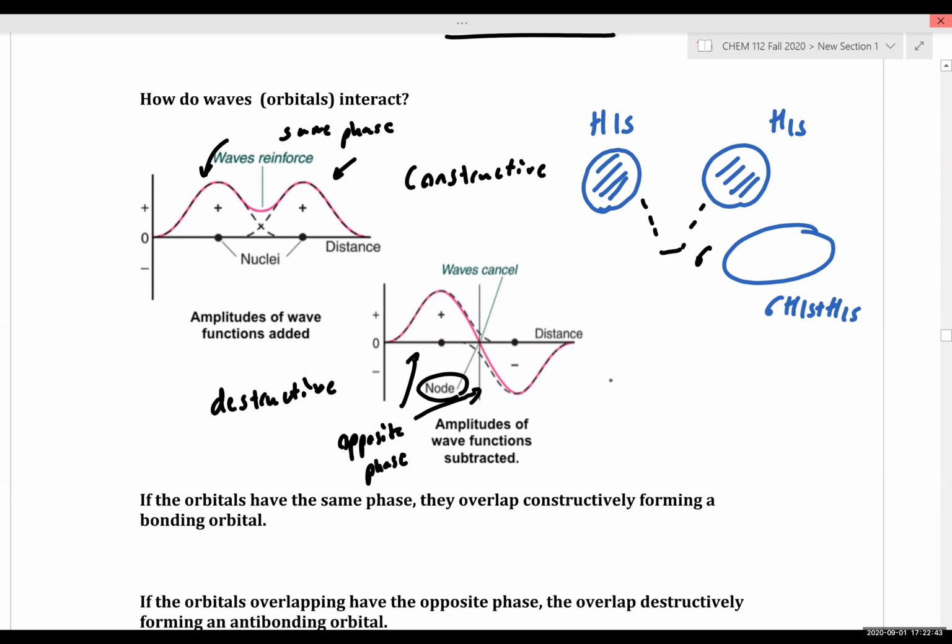A classic example occurs if you have two of our 2p orbitals and they happen to have opposite phases, we will generate our pi star orbital. So let's showcase that attempted overlap.